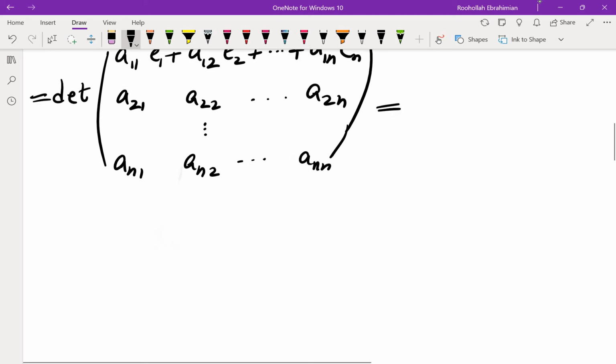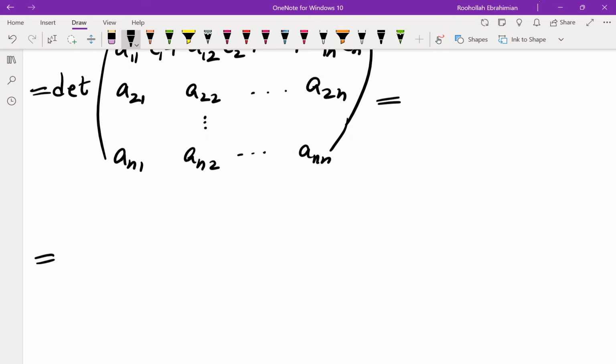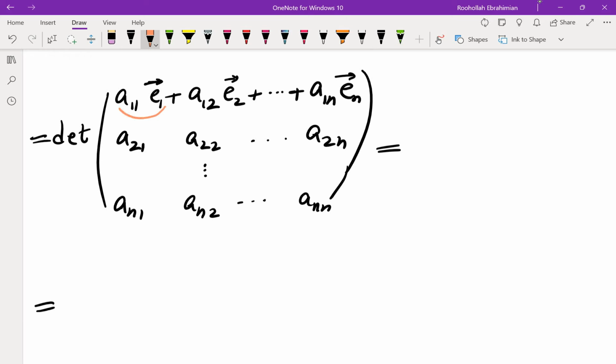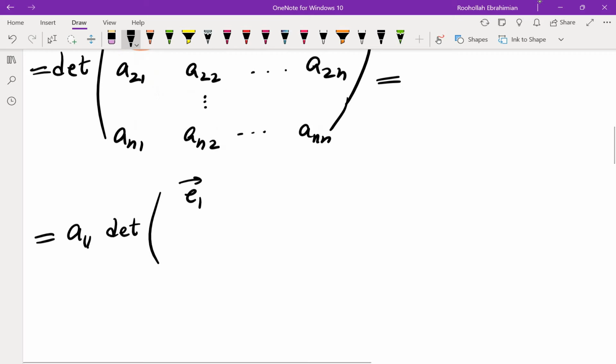So when you use linearity, the first entry becomes A11 times the determinant of E1, and then the second row A21 all the way to A2n, all the way to the nth row, AN1 all the way to ANN.